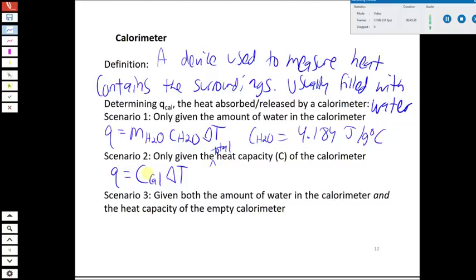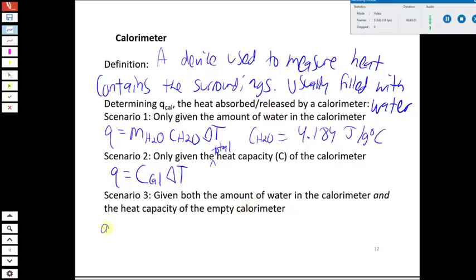The third scenario is, let's say we give you the amount of water in the calorimeter and we tell you the heat capacity of the empty calorimeter. So this time you have the amount of water, so you know that the water is going to be absorbing heat, and you know the heat capacity of the calorimeter itself, which will also absorb some of the heat.